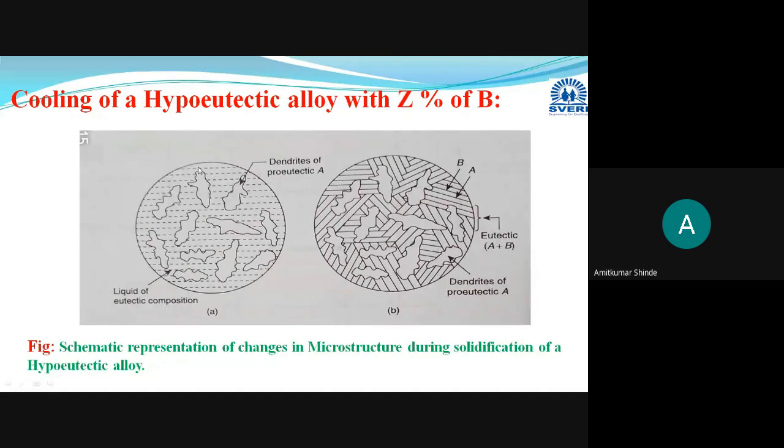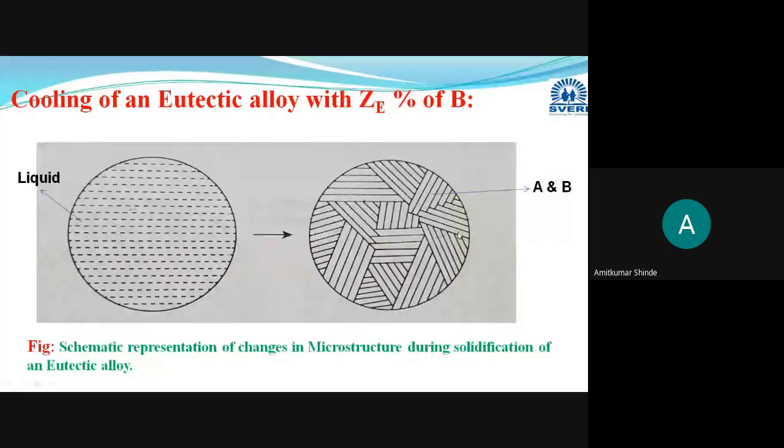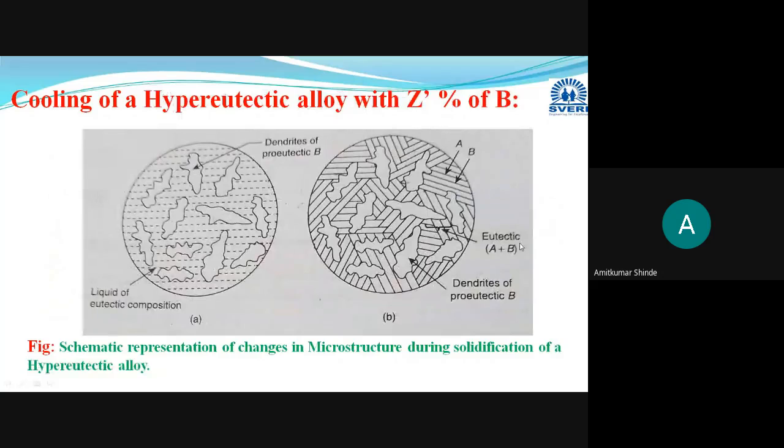Whichever amount of liquid is there in part A, this liquid will get transformed to a mixture of two solids, that is a mixture of A and B. Here the name given is eutectic mixture, A plus B. This proeutectic A will remain as it is in the last stage also, and the total liquid will get transformed to the mixture of two solids, A and B, and this mixture will be termed the eutectic mixture.